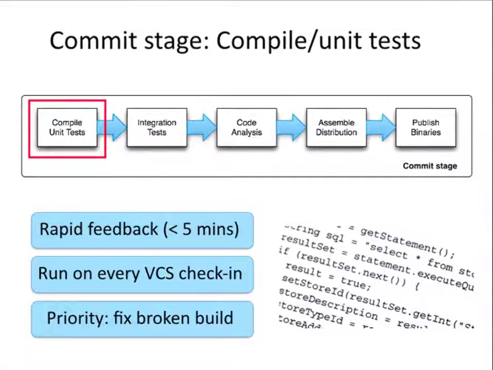So make sure if somebody checks it in, that person is responsible for also getting the build green again. That not only applies to compilation, but also to any type of test and so on. As I mentioned in the beginning, this is the initial step of our build pipeline in this case, and this is being kicked off every time somebody checks code into version control.